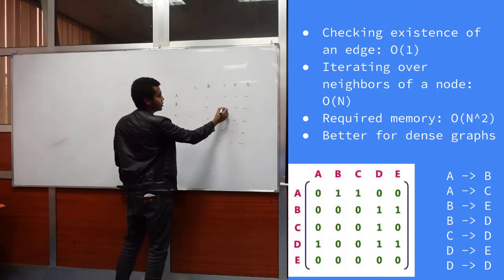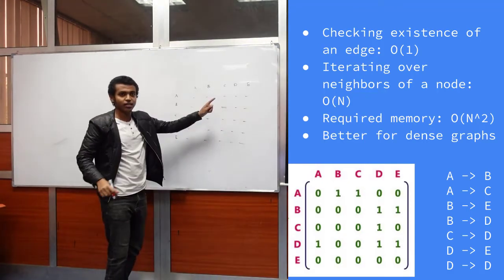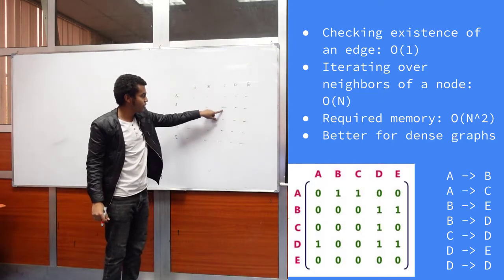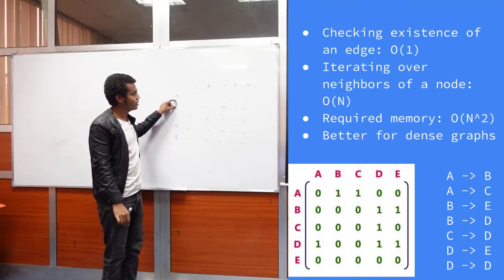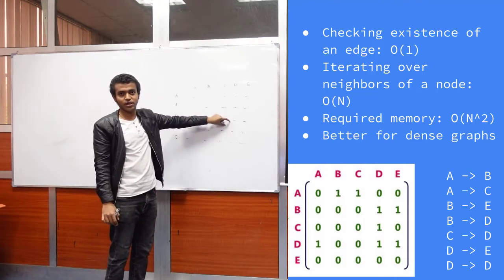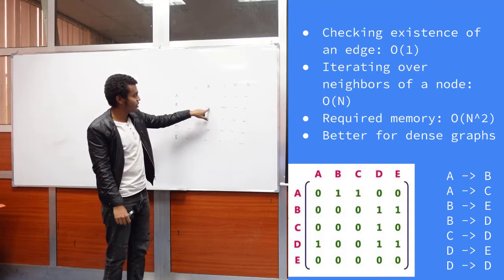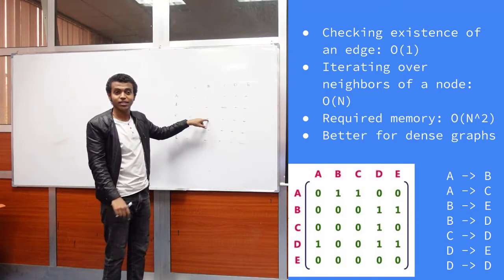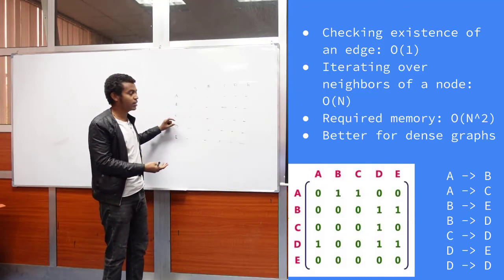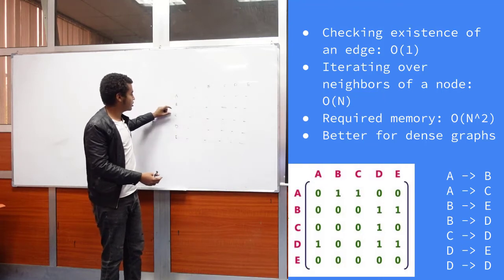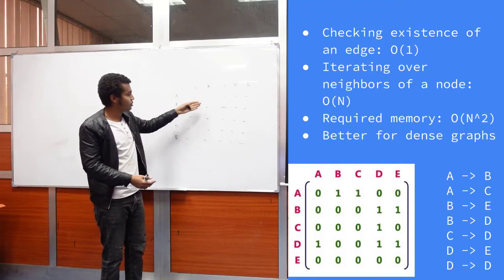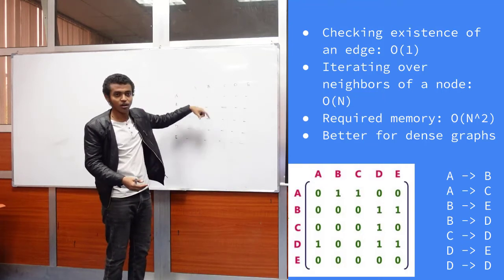Let's pick this cell. This cell is supposed to represent whether there is an edge between B and C, right? Is that clear? And let's say this one. This is supposed to represent whether there is an edge between C and B, the relation between the row and the column.